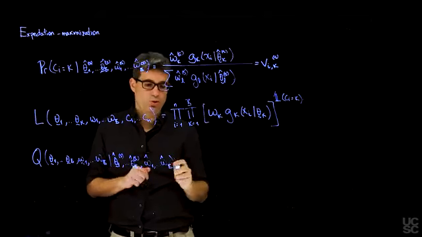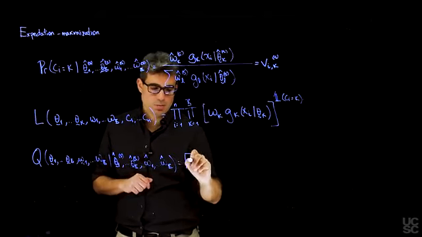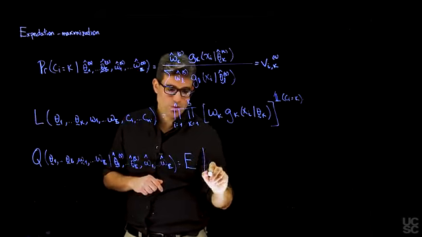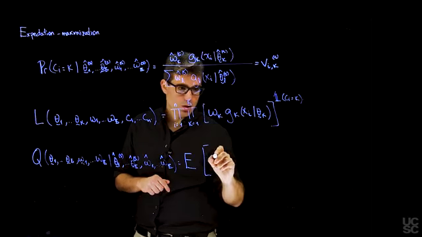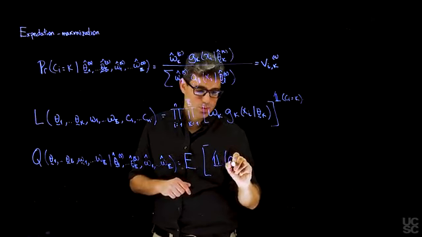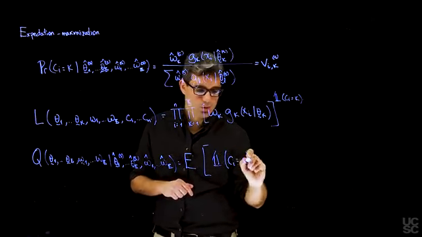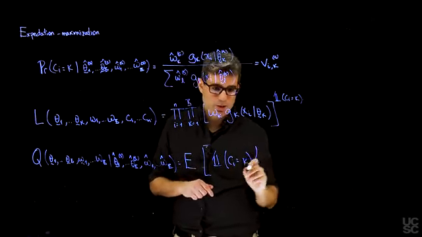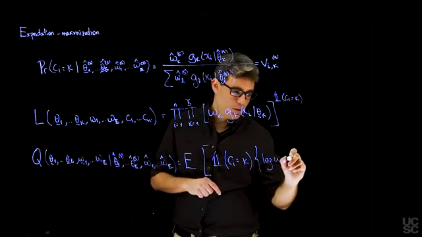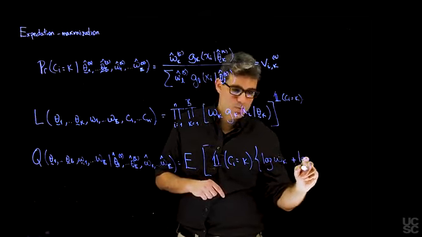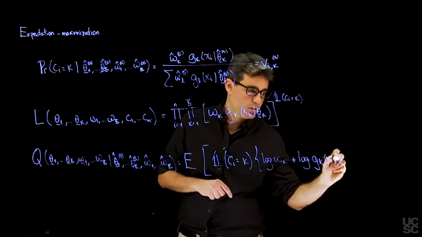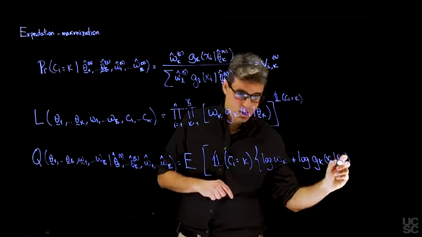So that's what the Q function is. So this is going to be the expected value with respect to this distribution up here of the indicator, excuse me, of C sub i equals k, multiplied by the logarithm of omega sub k plus the logarithm of g sub k of x_i given theta k.